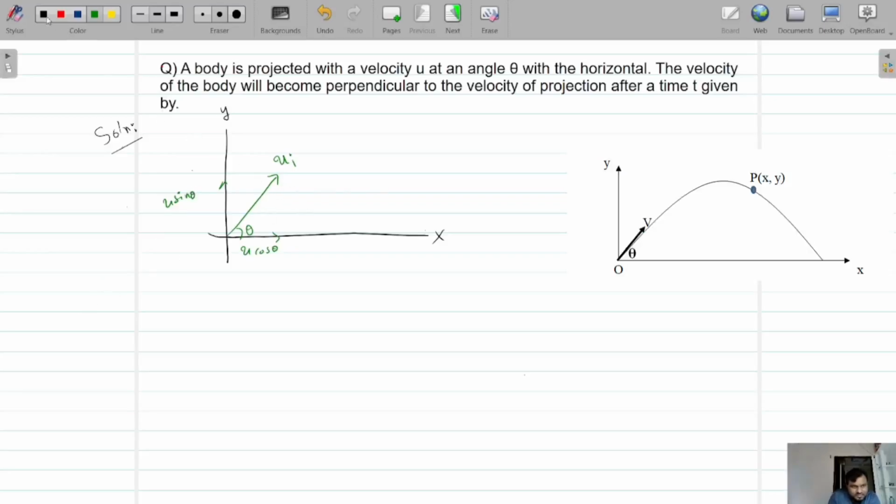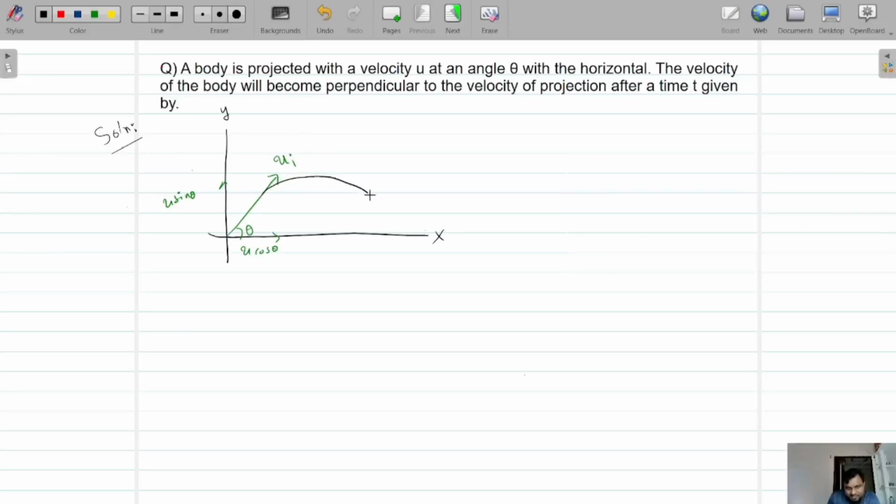As we know, the path of the projectile is a parabola. It is taking the parabolic path like this. At any point P, the final velocity of the projectile will be like this, u suffix final.